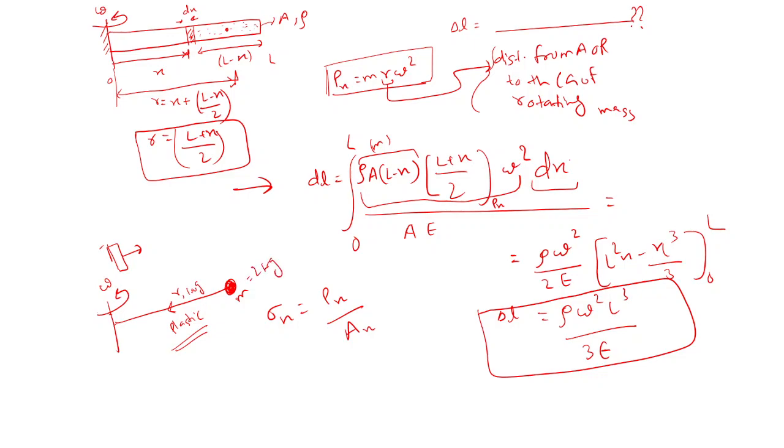So, in calculating centrifugal force, do you take this 100 gram or this 2 kg? Okay, so we'll take that. Whatever mass is pulling, that you have to take, because this force is m r omega square, right? This mass you have to take. Okay sir, that's why we are taking this.